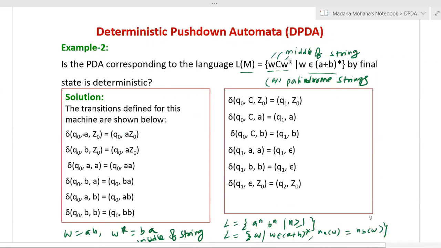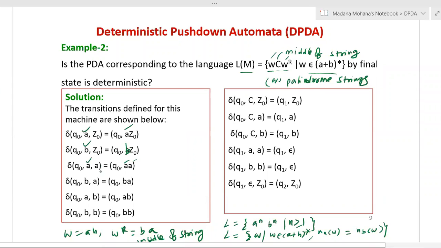If it starts with A, you have to push A onto the stack. If it starts with B, you have to push B onto the stack. Then, after the first A is pushed, if a second A occurs, again you have to push.